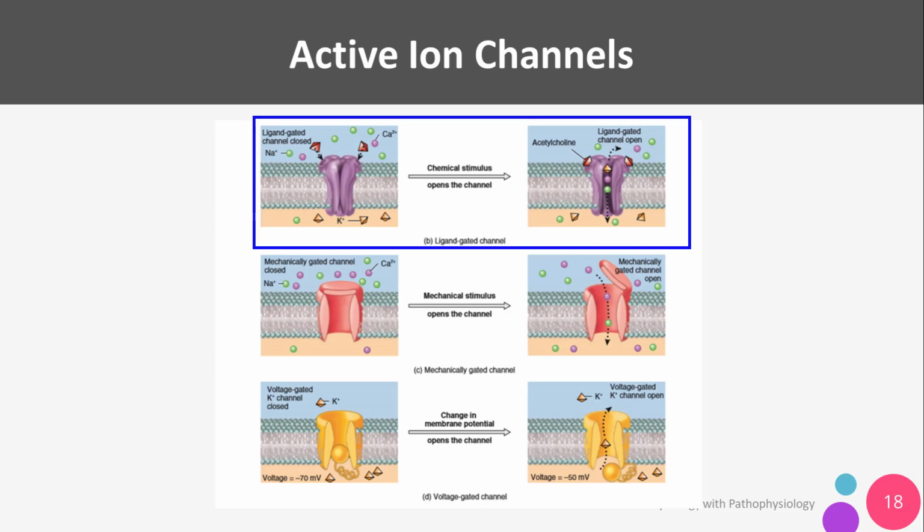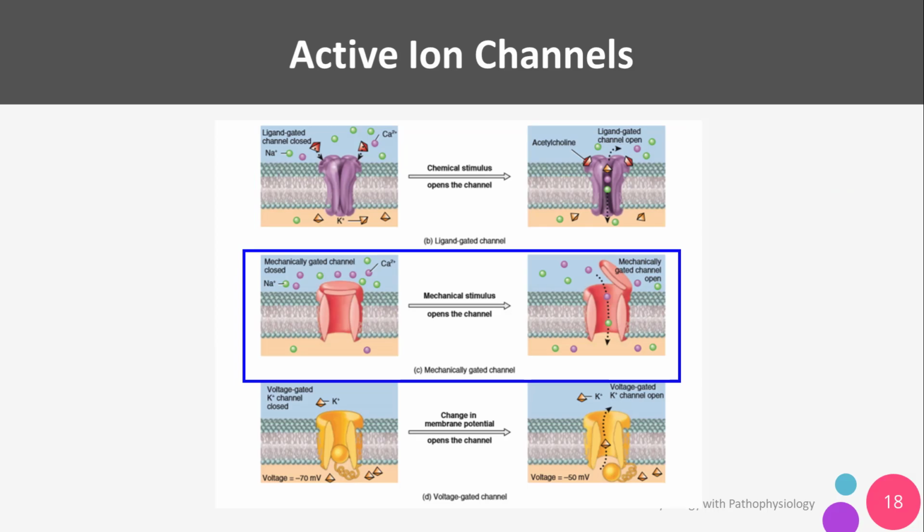They will open when they bind to a specific chemical such as a neurotransmitter. So there will be an attachment of a ligand or an ion or a neurotransmitter in the binding site of the ion channel. They are usually found on the cell body and dendrites of neurons.